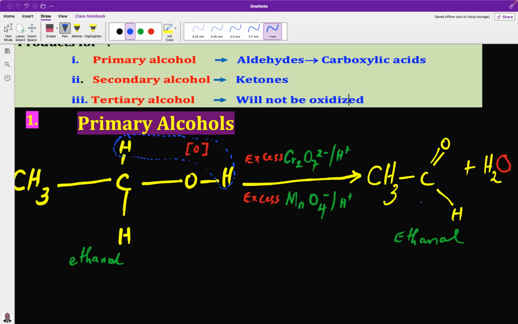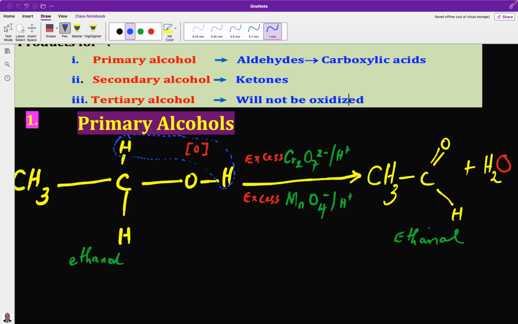That is why I said primary alcohols are heated under reflux with a good oxidizing agent like excess acidified potassium dichromate or excess acidified potassium manganate 7. When it is heated under reflux with any of these oxidizing agents, if the alcohol used is in excess, the product formed is distilled immediately.